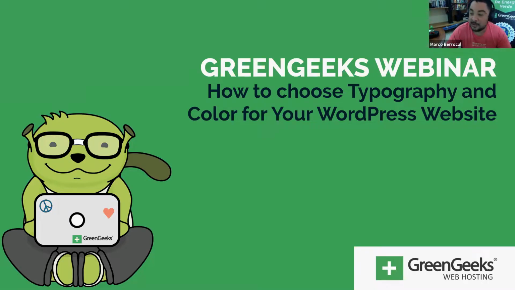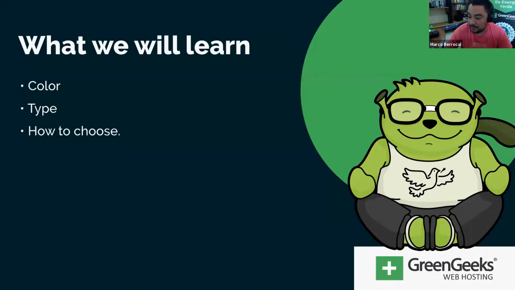I like this topic because one of the things that you do when you start designing is that it's really difficult to choose colors and fonts for your particular project, for your business, or for whatever it is that you're working on the web. When I started, I struggled tremendously with both.